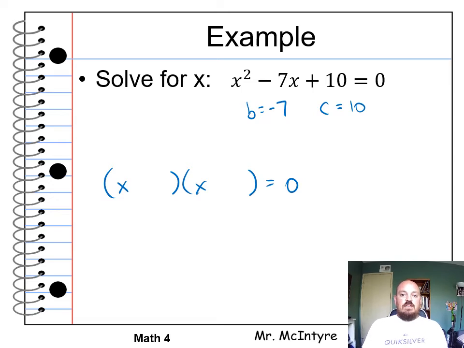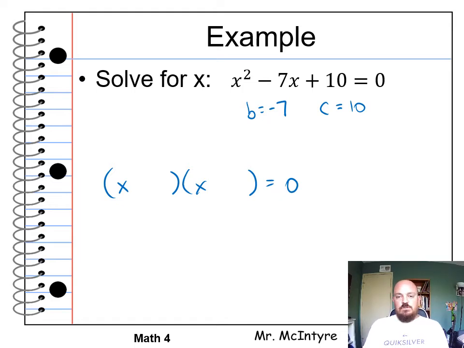All I have to do is find 2 numbers where if I multiply them together, I get positive 10, and if I add them together, I get negative 7. And that would be negative 5 and negative 2. Negative 5 times negative 2 gives me positive 10, and negative 5 plus negative 2 gives me negative 7.